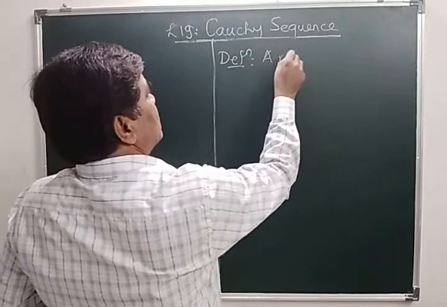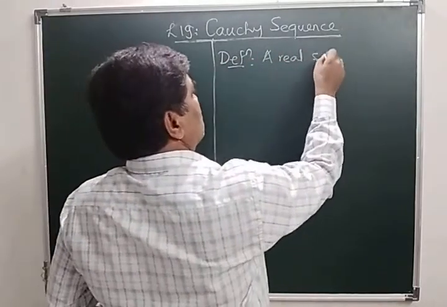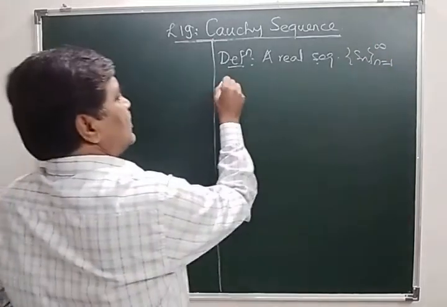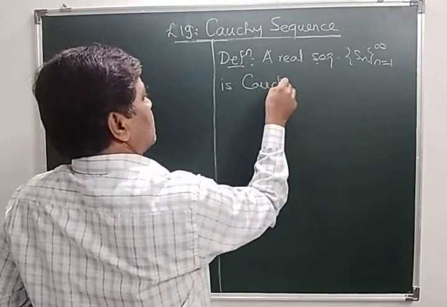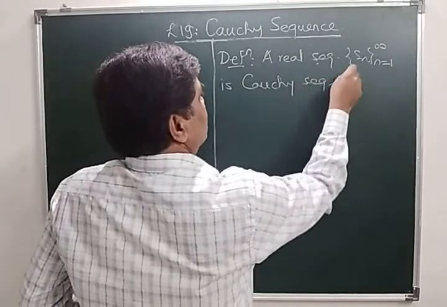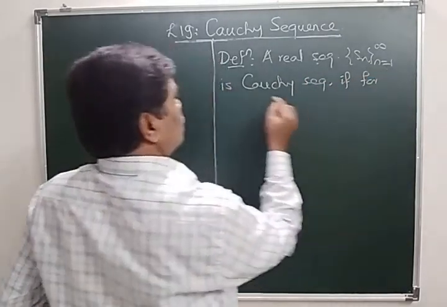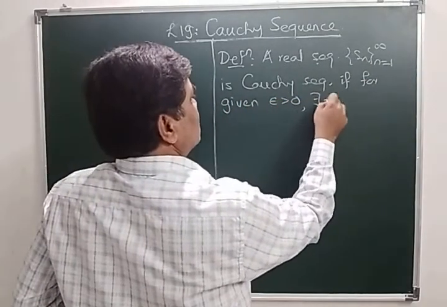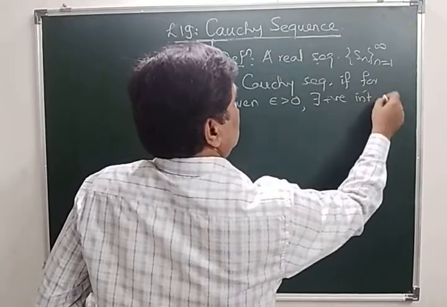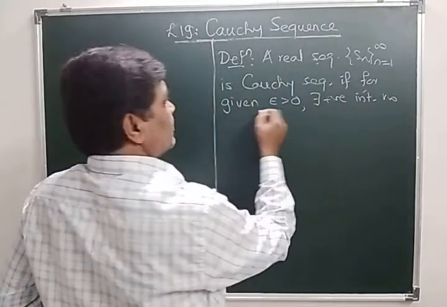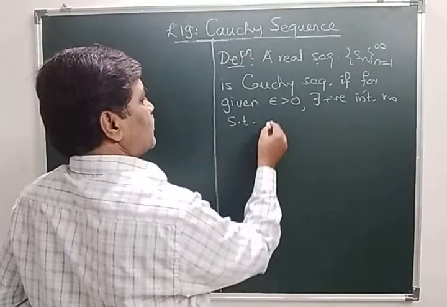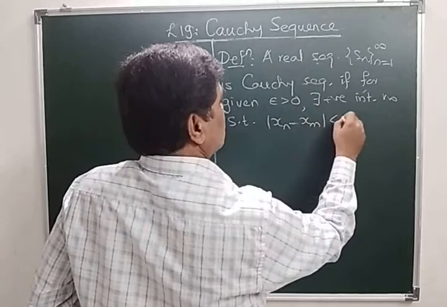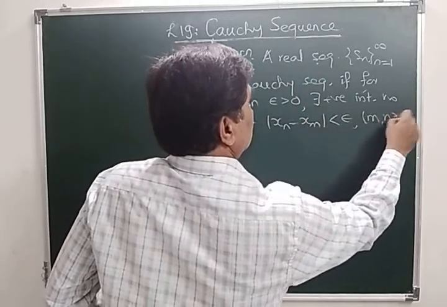A real sequence Sn, n equal to 1 to infinity, is a Cauchy sequence if for given epsilon greater than 0, there exists a positive integer n naught such that mod of xn minus xm is less than epsilon for any m, n greater equal n naught.